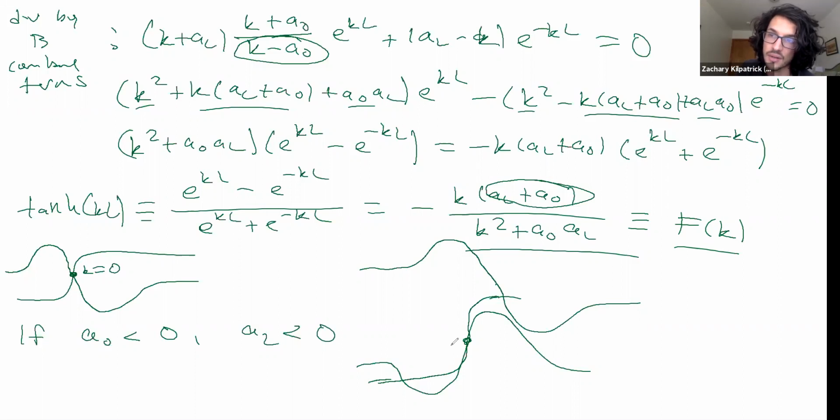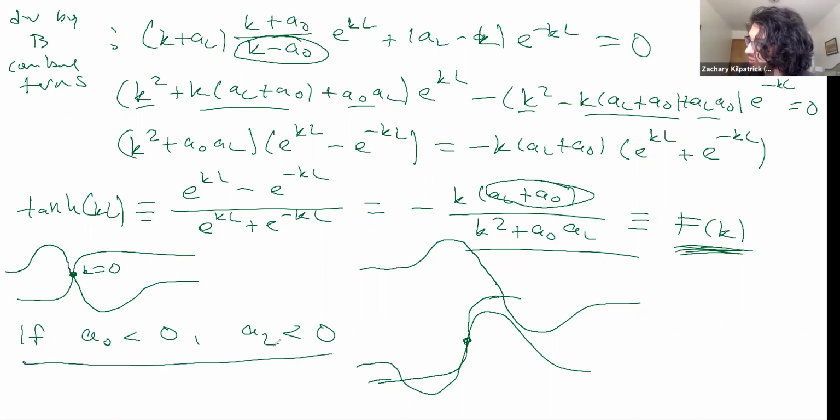So if the question is, when am I going to have non-trivial solutions to that equation? That's not what I asked you to do. I just asked you to work out this result as best you can, the implicit relationship that gives you k. But if the question was, when do I get negative eigenvalues in this case, okay?